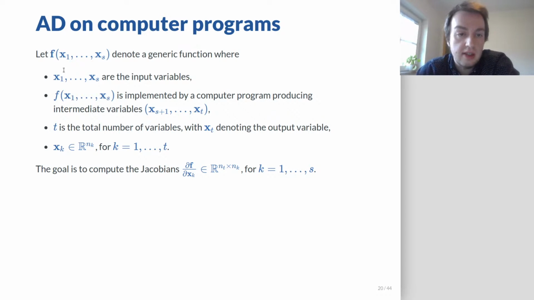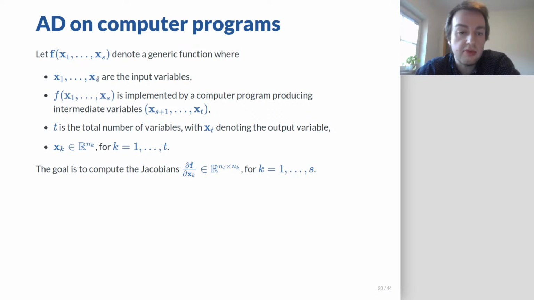And so we'll say that we have some function f, which still produces as output some vector value, right? And this function will take as input a bunch, s of them, of vectors, x1, x2 to xs, right? So the vectors x1 to xs will now represent our input variables.